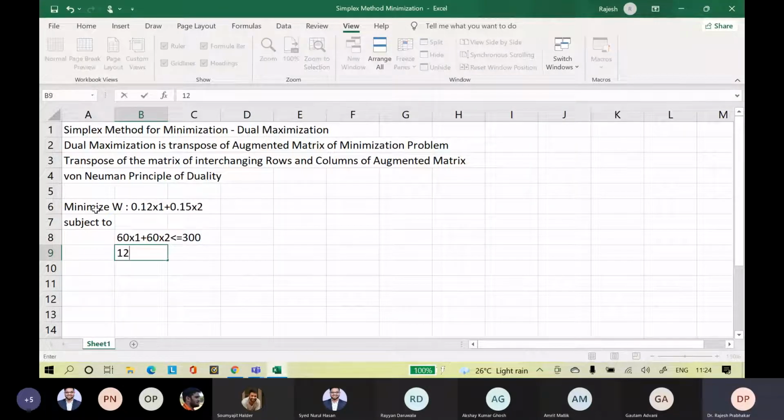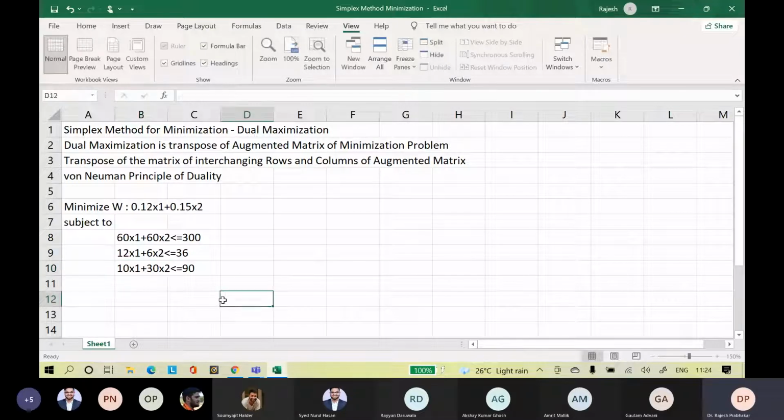Second constraint is 12x1 plus 6x2 less than equal to 36. 10x1 plus 30x2 less than equal to 90. So this is our problem, where x1, x2 greater than equal to 0.